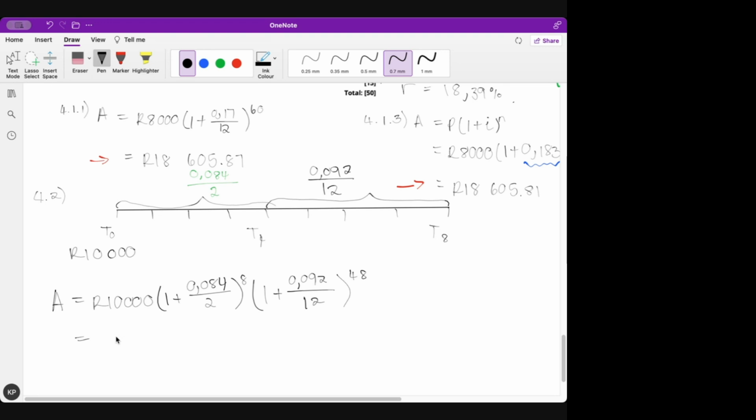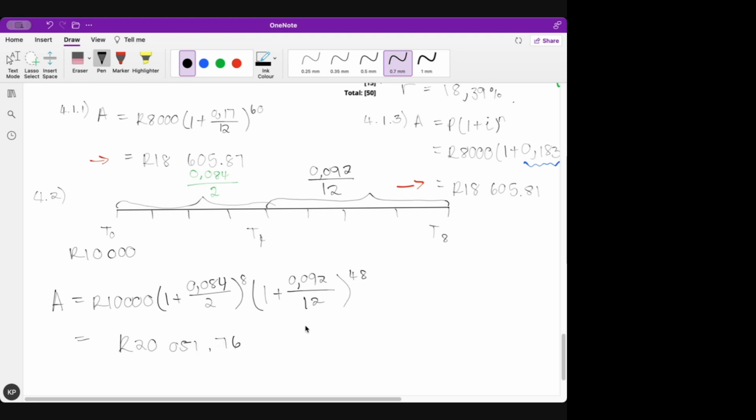Let's see, 1 plus 0.084, and 1 plus 0.092 to the power of 48. Okay, I got 20,051.76.